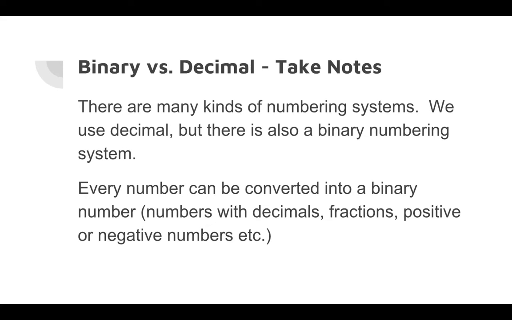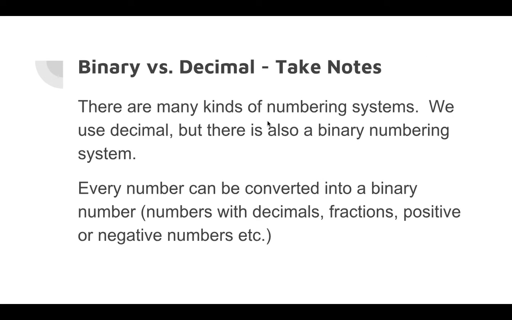It's a numbering system that only uses 0 and 1. And so everything must be represented in 0 and 1 on a computer because, as we learned with circuits, a 1 will enable a circuit, a 0 will not enable a circuit, and that's how everything is processed in a computer.